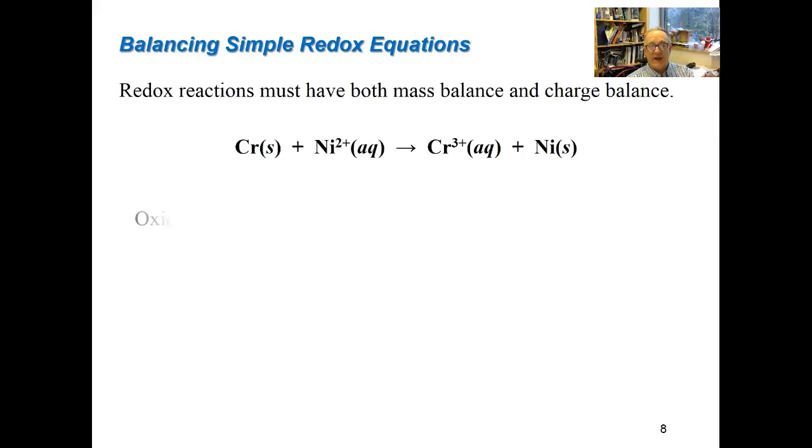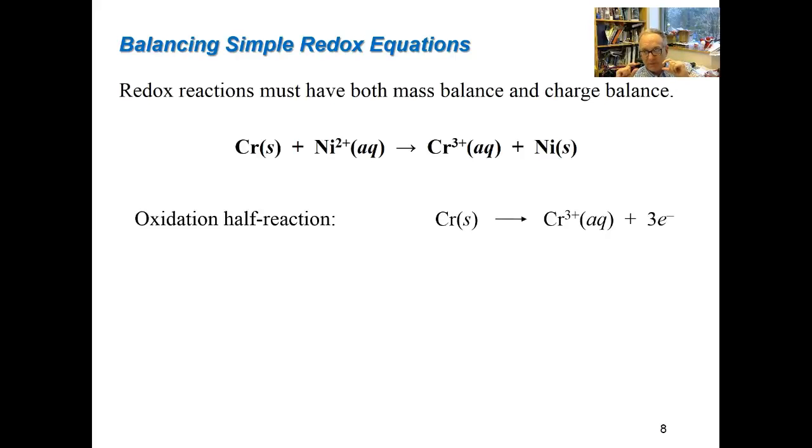So let's write the half reactions. The oxidation half reaction: chromium solid, oxidation number 0, it's an element in its elemental state, going to chromium 3+ plus 3 electrons. We've got to get the half reaction to balance, and the only way we can balance charges is by adding electrons for these simple redox reactions.